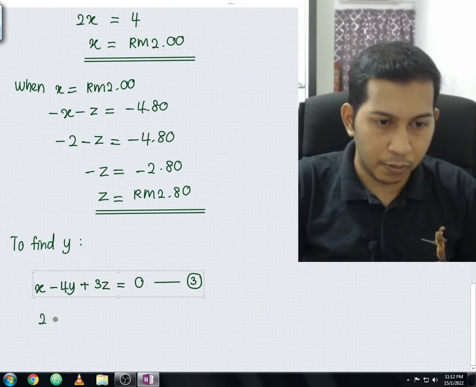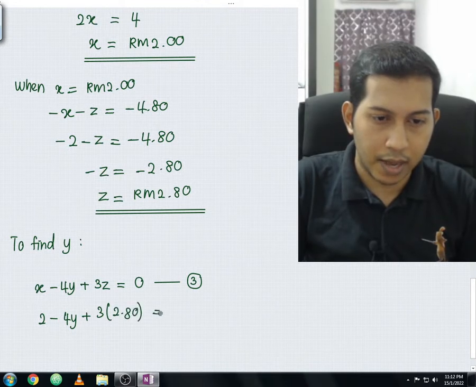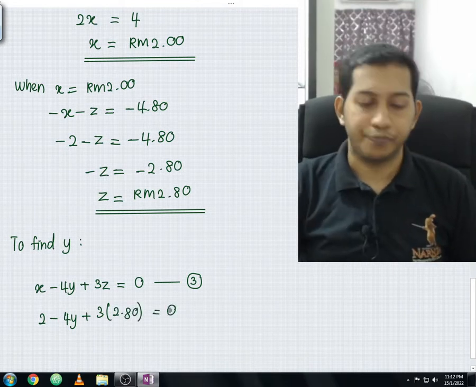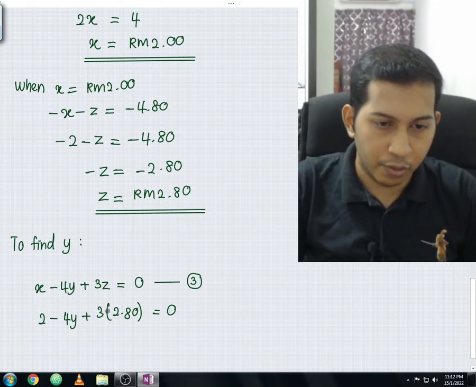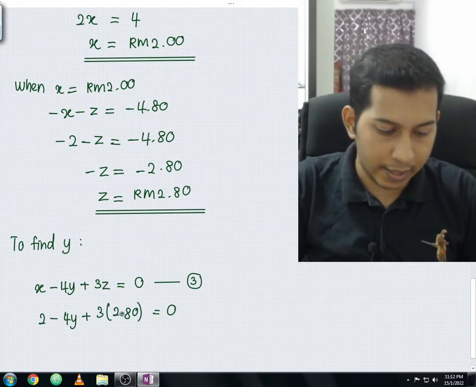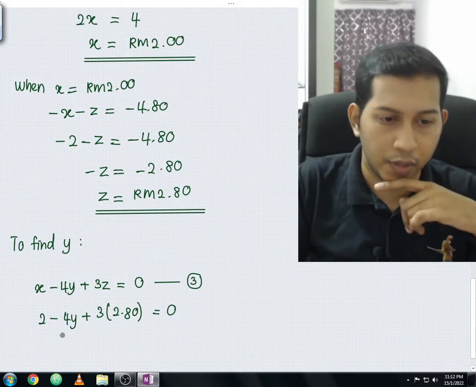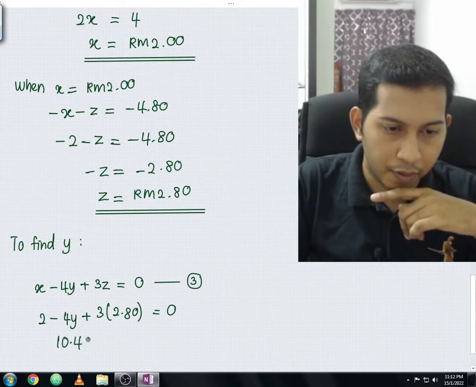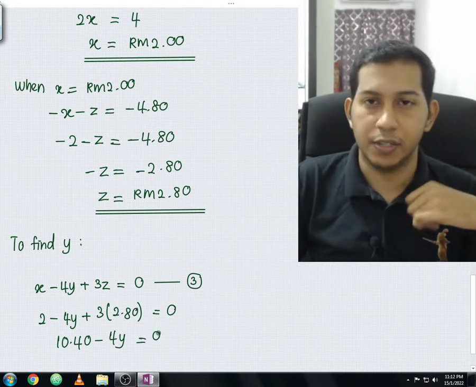So from here, 2 minus 4y plus 3 times 2.80 equals 0. This 3 times 2.80, you calculate this, 8.40. So 10.40 minus 4y equals 0.